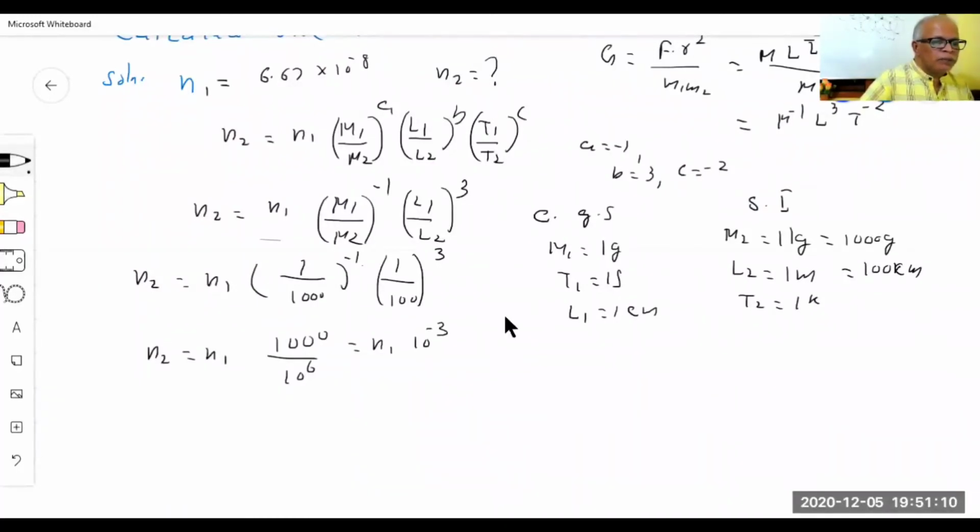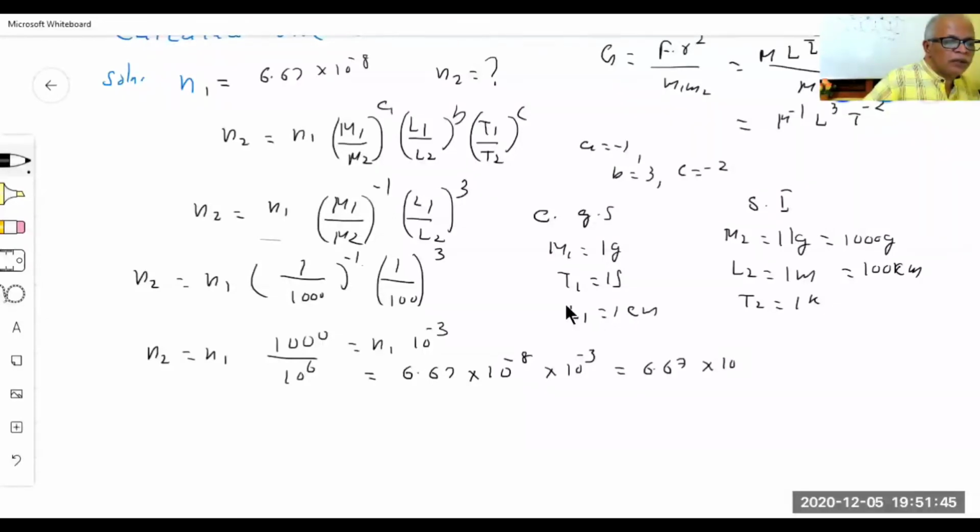Now what is N1? N1 is 6.67 into 10 raised to minus 8, into 10 raised to minus 3, which is equal to 6.67 into 10 raised to minus 11. What will be the unit? It will be Newton meter square by kilogram square.